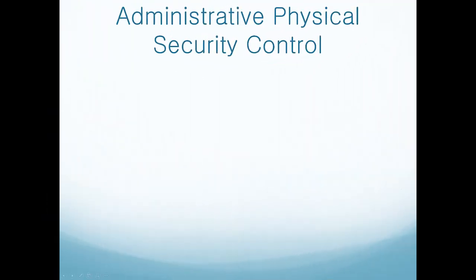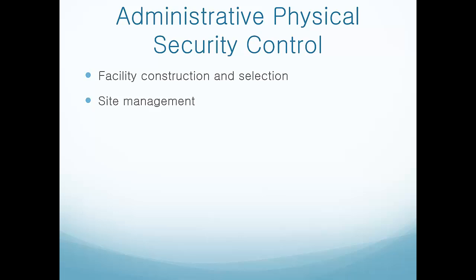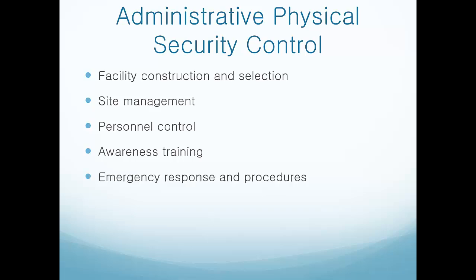Here are some examples of administrative physical security control. It includes things such as facility construction and selection, site management, personnel control, awareness training, emergency response, and procedures.